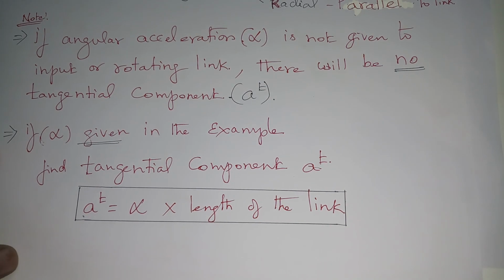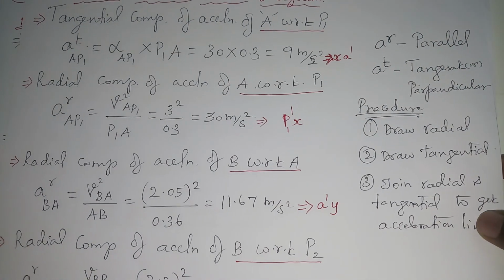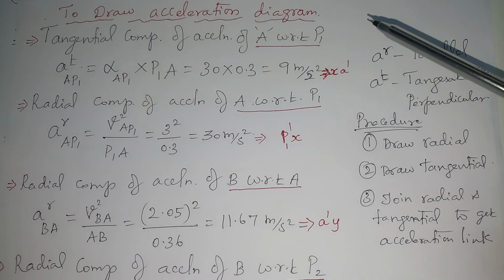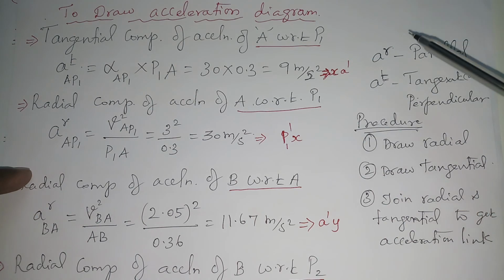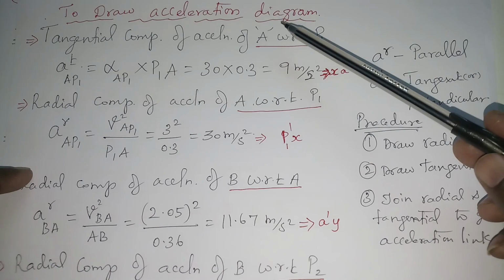So you can see here, I have already calculated a few values to draw the acceleration diagram. First thing, for each and every link you have to calculate tangential and radial. Okay. Here you can see the first link.